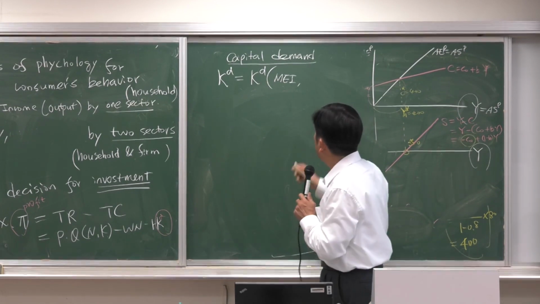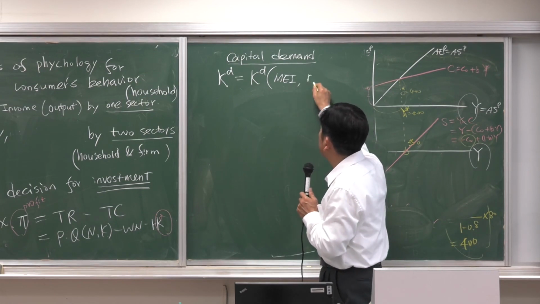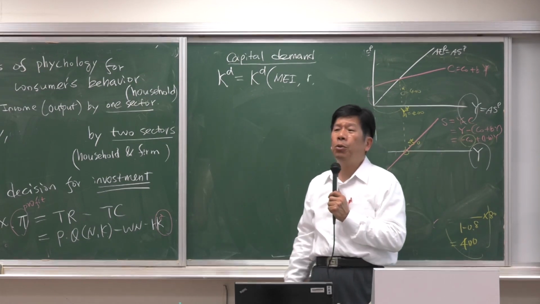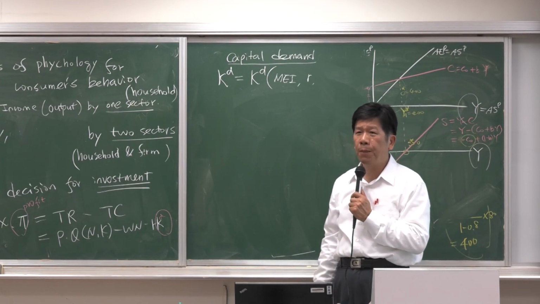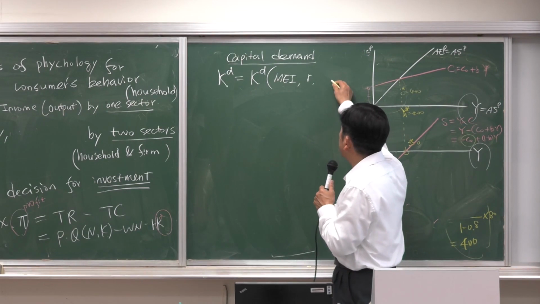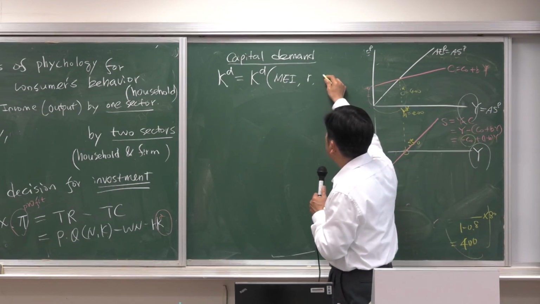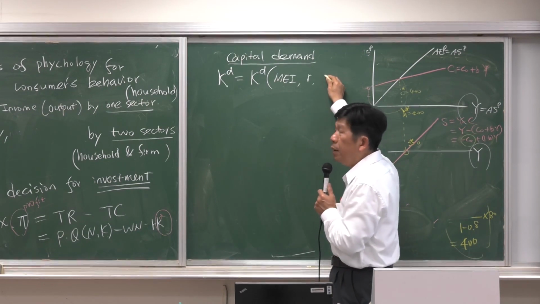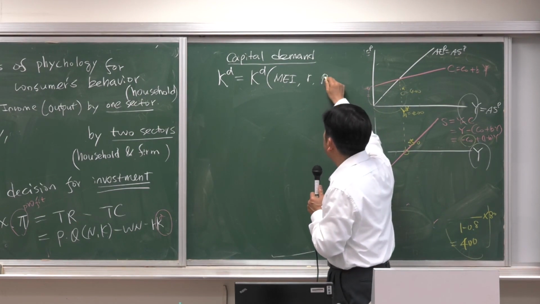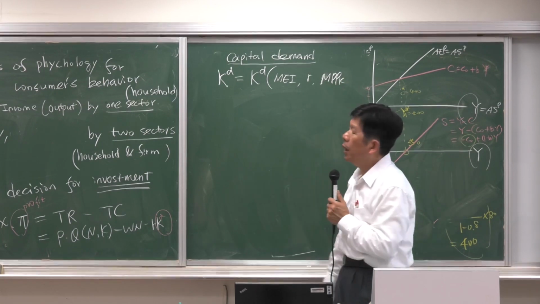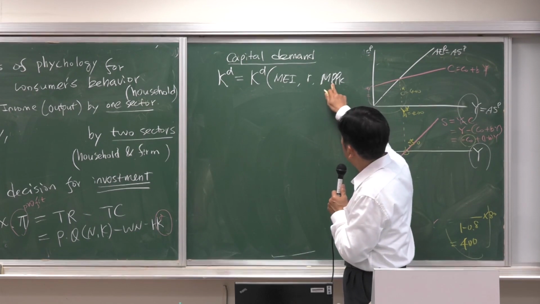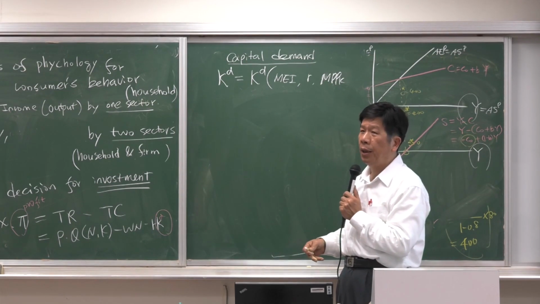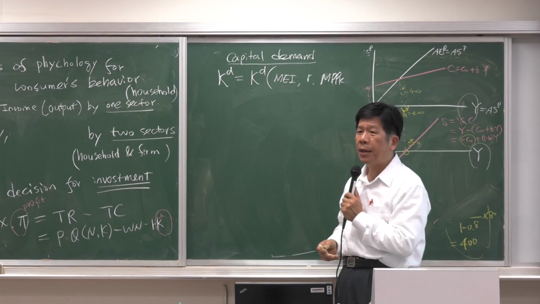So, and after that, maybe you also consider the interest rate. Okay, interest rate represents your cost. Okay, and you also consider MPPK. Okay, it represents the marginal product of capital.